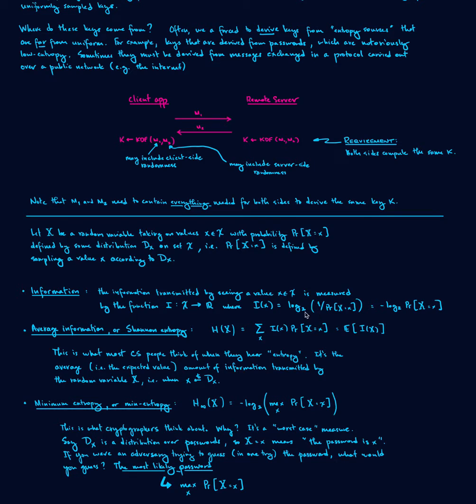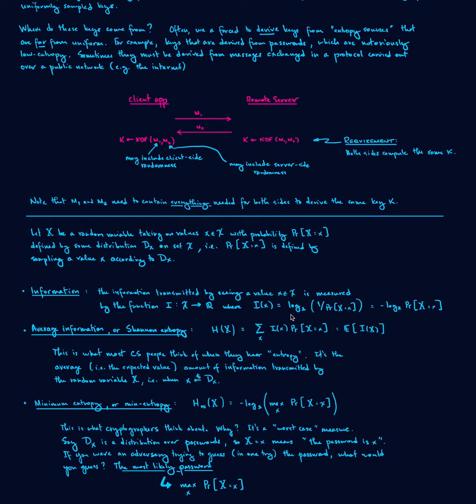What do I mean by that? It's defined to be the log base 2, so the number of bits, of this quantity, 1 over the probability of actually observing that value little x. If that value is surprising, then that means the probability is quite small. You really didn't expect to see this value. So this number's small, which means 1 over it is big.